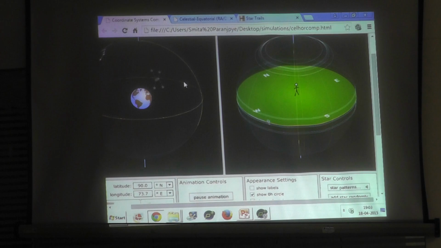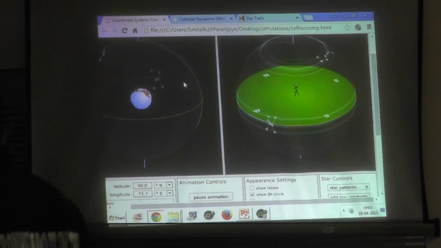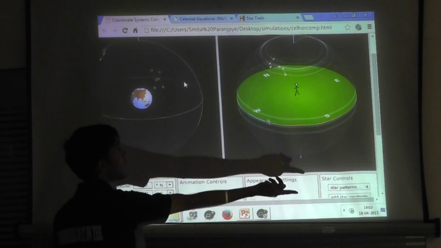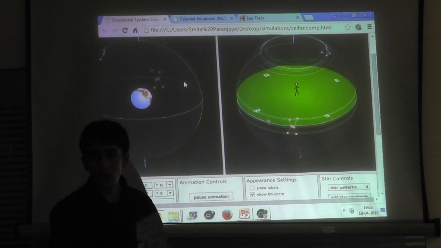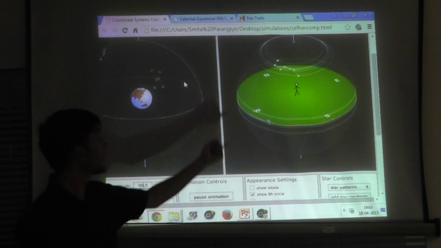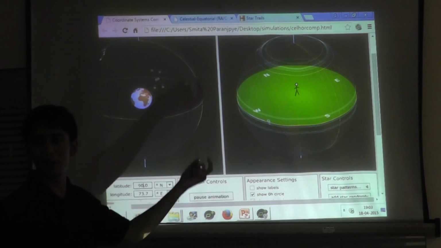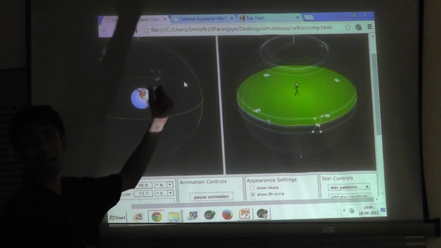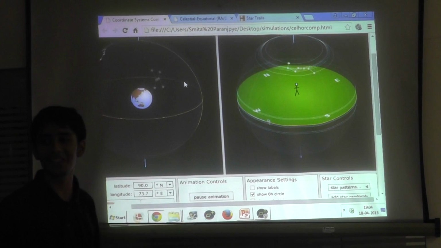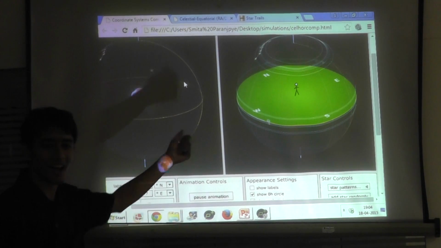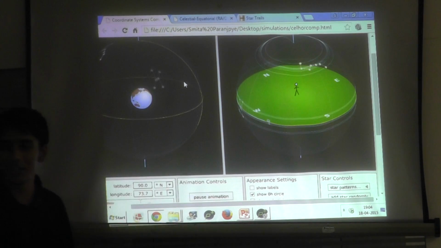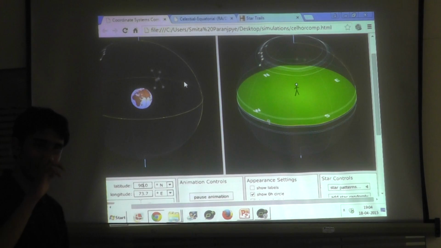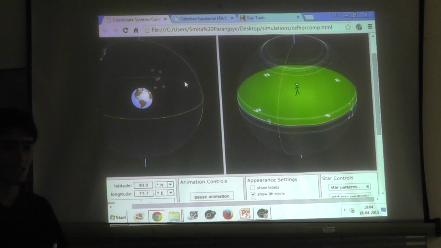Initially these circles were going from east to west, crossing the zenith. But now as I went to the North Pole, suddenly the stars, if you see, are not setting or rising. All the stars will never rise or set. At 0 degrees, let's correlate our knowledge of pole stars and latitude.